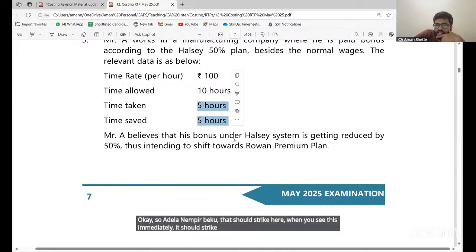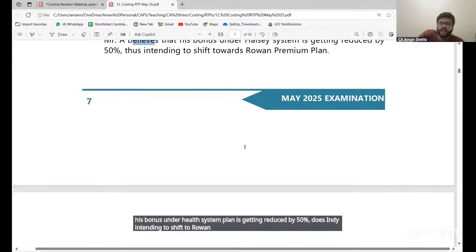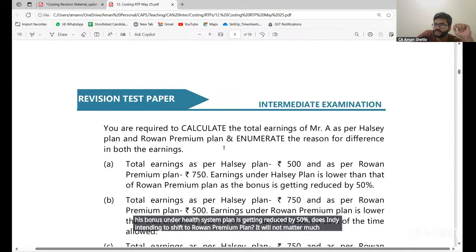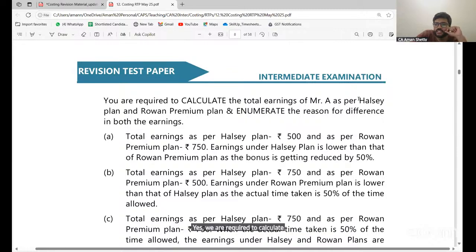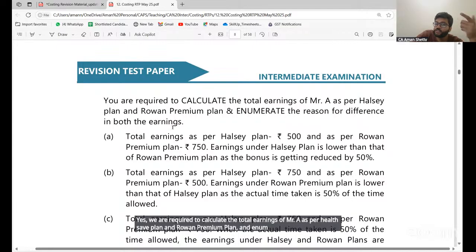Are you understanding? Therefore, Mr. A believes that his bonus under the Halsey plan is getting reduced by 50%, thus intending to shift to the Rowan premium plan. It will not matter much. Correct, everybody? You are required to calculate the total earnings of Mr. A as per the Halsey plan and Rowan premium plan and enumerate the reason for difference in both earnings.